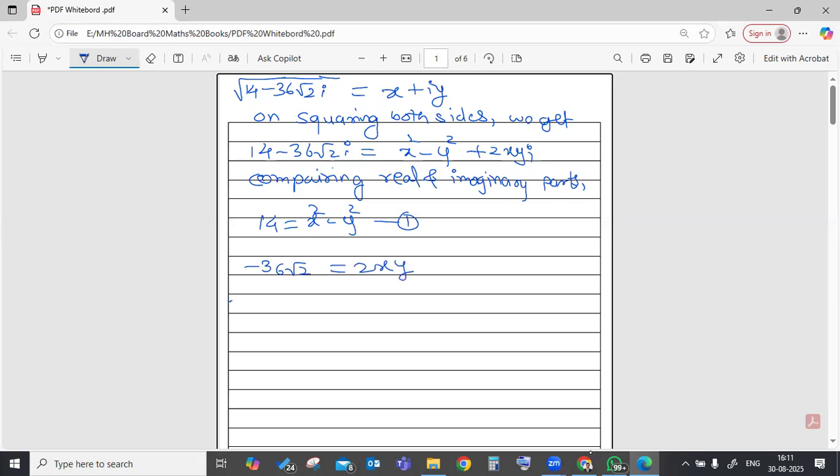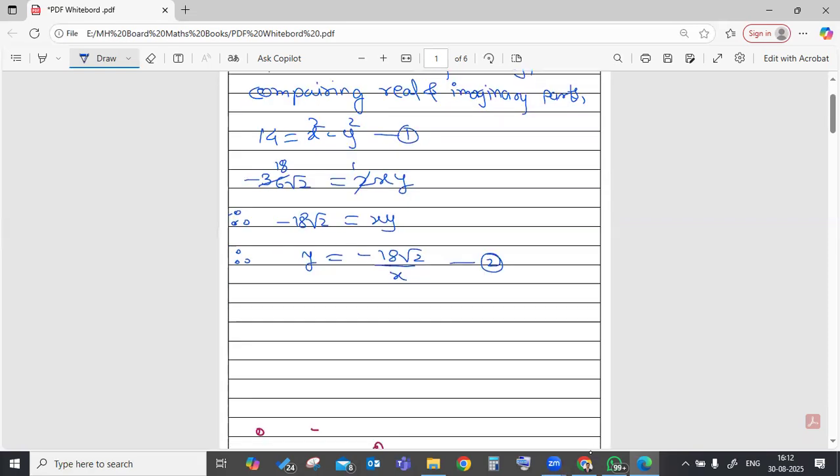So this gives us what? 2 ones are 2, 2 eighteens are 36. Minus 18 root 2 equals xy, and y equals minus 18 root 2 upon x, equation 2. Put this in equation 1.